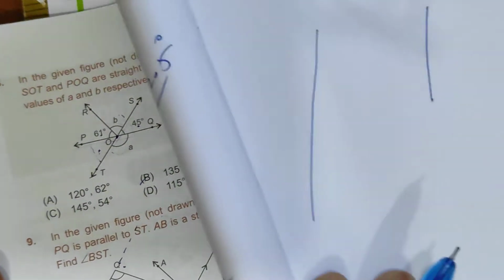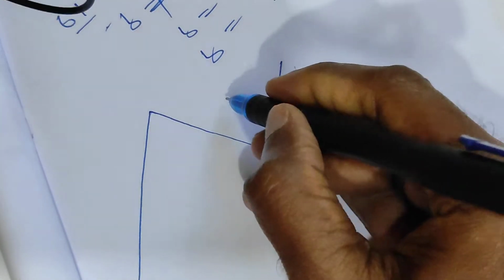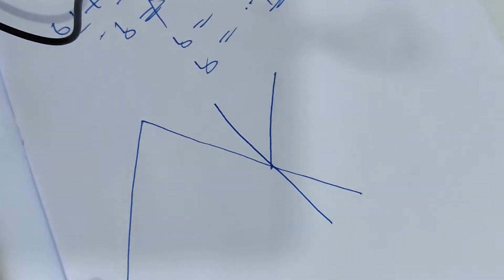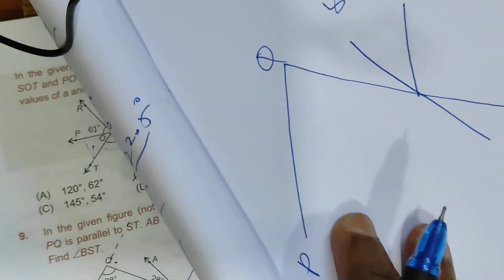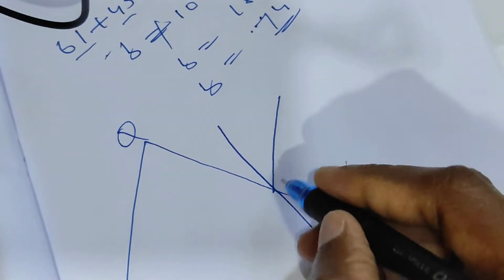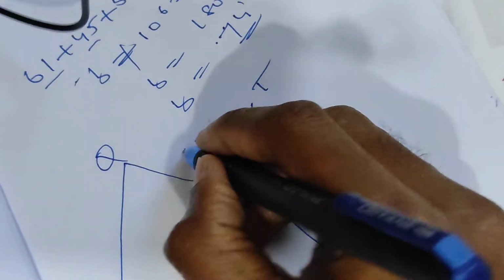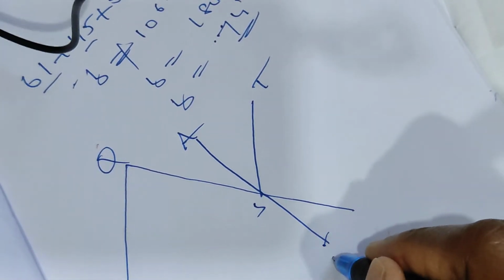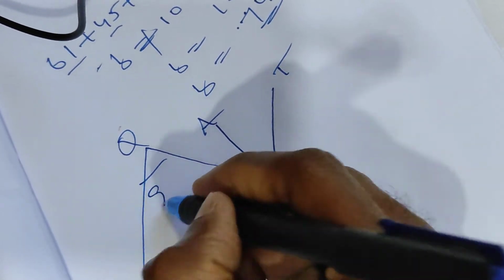And what they did is they joined this one and put another line here. This is P, this is Q, and the center point is S, this is T. This is line A, and this is line B. This angle is given as 98 degrees.